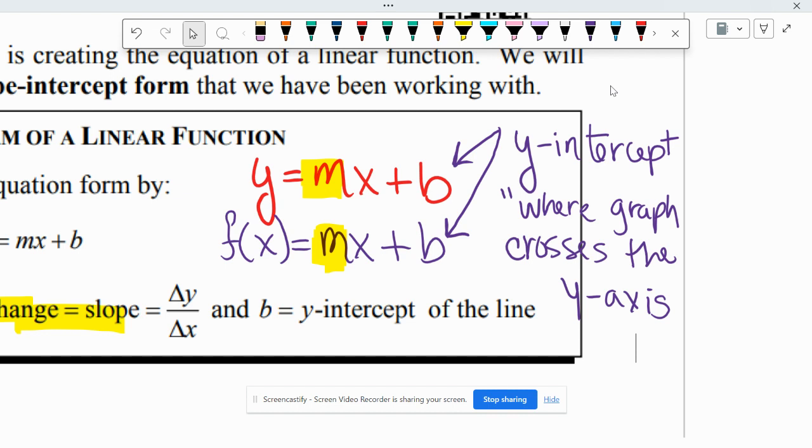Okay. B is where I begin. B is where I begin. So write that on there for me, please, and thank you. B is where you begin if you were going to graph it. So for a graph, put a little asterisk here.